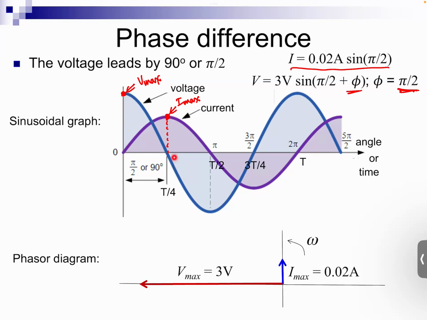And then after 90 degrees or pi over 2, the current reaches its maximum value. Right. So you can represent the current and voltages either using the sinusoidal graph, if you're comfortable drawing sinusoidal graphs, or a simpler way of relating the current and the voltage is to draw this phasor diagram, because then you're just drawing vectors or arrows with the correct orientation and correct lengths.